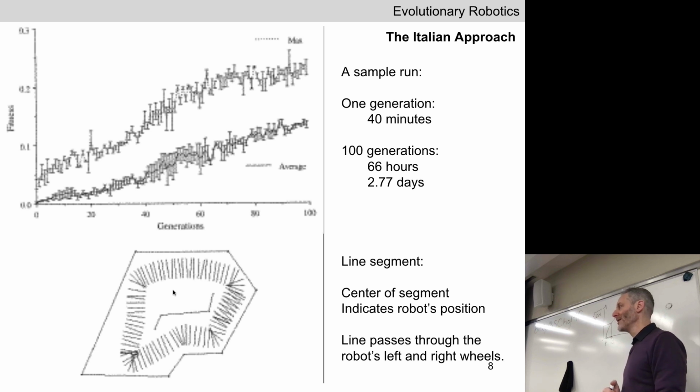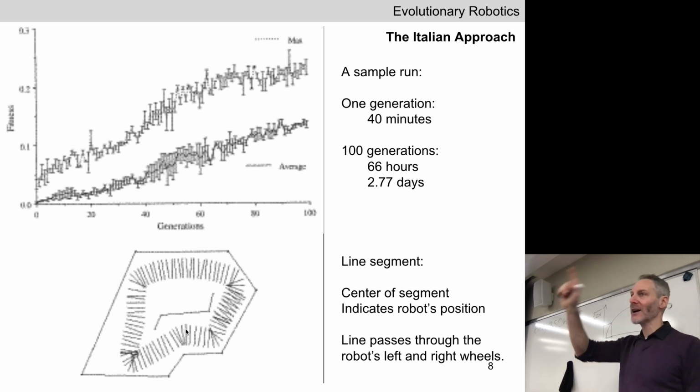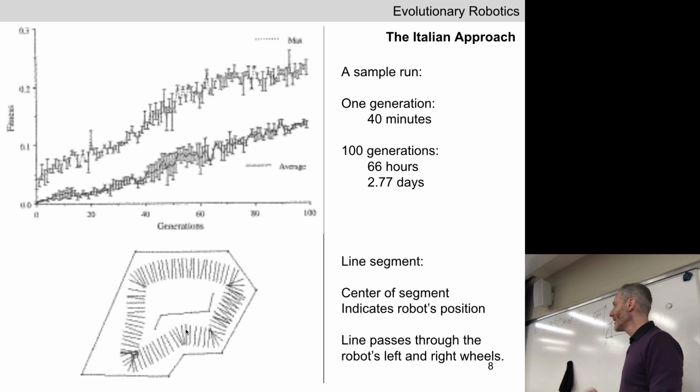A lot of effort for not a lot of gain, but this is the mid-90s, and this was one of the first demonstrations of automated design of an automated machine. If you remember back all the way to the beginning of the course, that's the long-term goal of robotics. We want to create a machine that is not remote controlled. It's deciding what to do based on its sensory information.